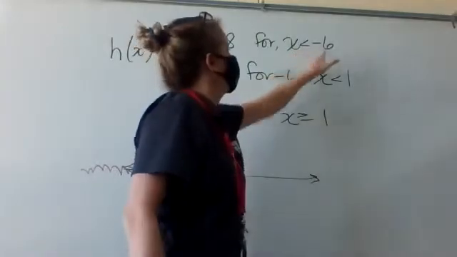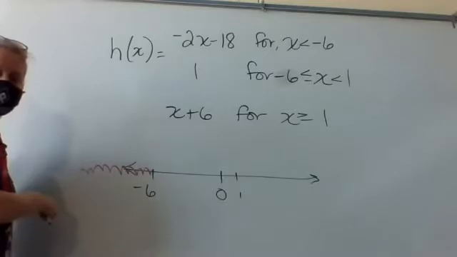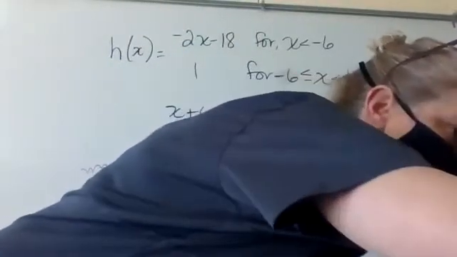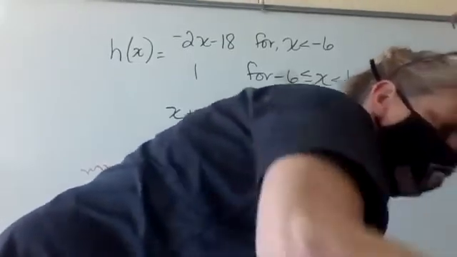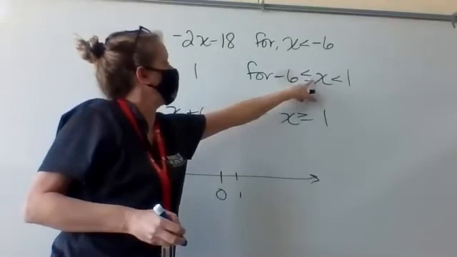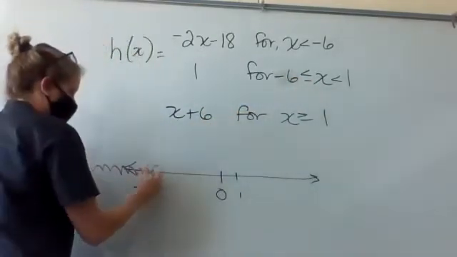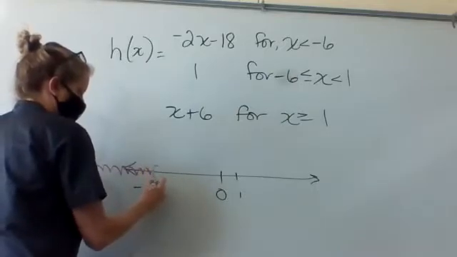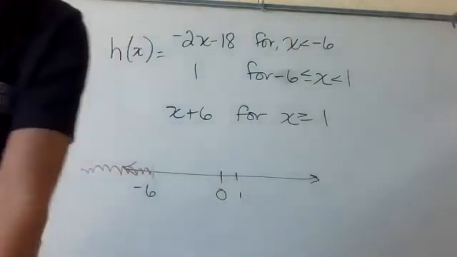So x is less than negative 6 would be all the numbers on this side of negative 6, right? This middle piece, here's where you've got to be careful. This is where x is greater than or equal to negative 6. So that's the one that includes the negative 6 in it.